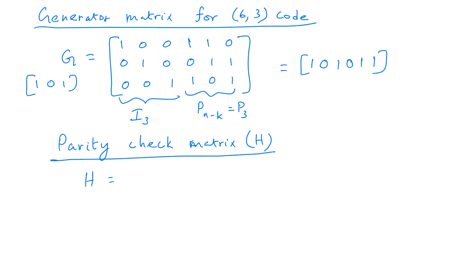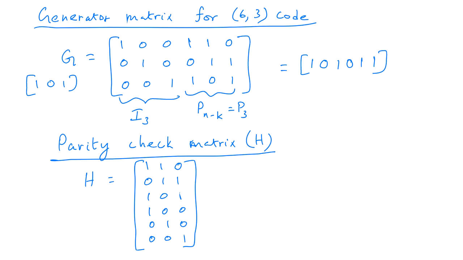So 1 1 0, 0 1 1, 1 0 1. So that's the P matrix written as it is. And below the P matrix, you just have to put a 3 by 3 identity matrix, which is 1 0 0, 0 1 0, and 0 0 1. So that is now the H matrix for the 6-3 linear code.